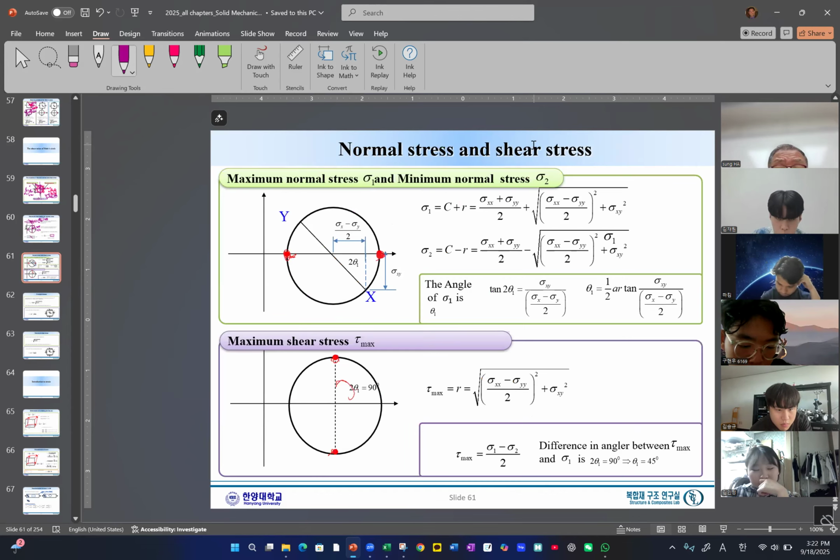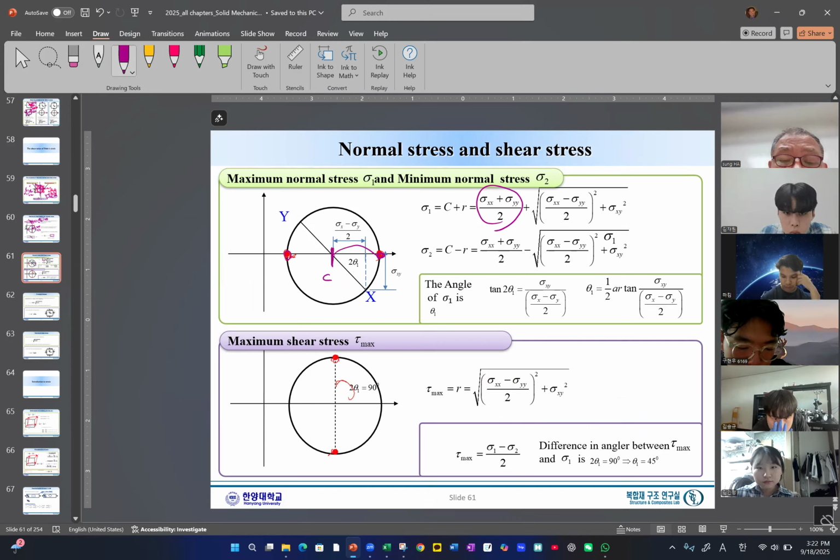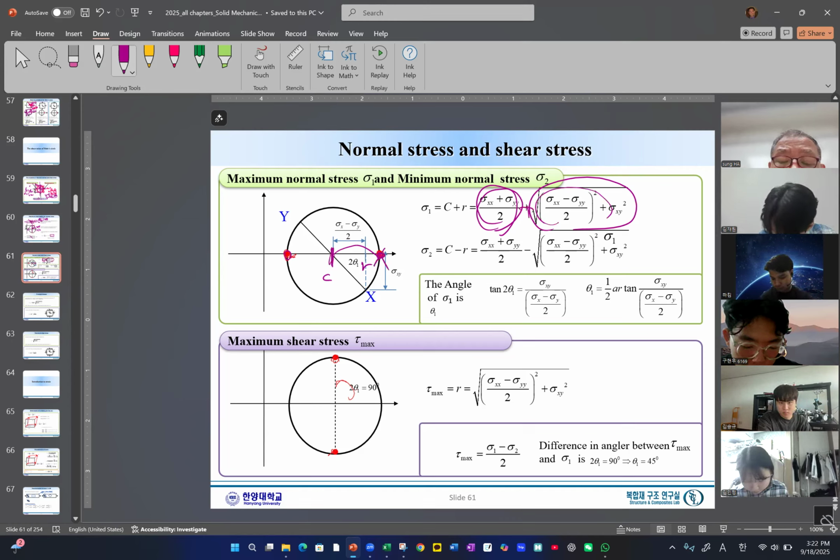And normal stress and shear stress, we already have the equations, but here we have a center and a radius. This is a center, we call C. This is a radius R. I will represent the C, plus the right-hand side, and this one is the minus.